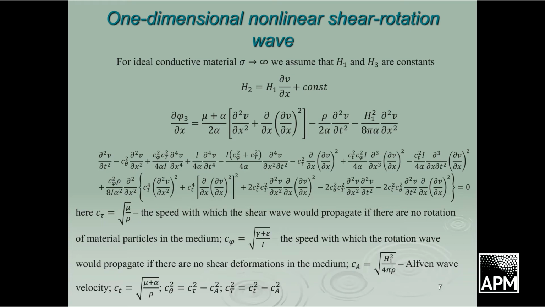And C with index phi is the speed with which the rotation wave would propagate in the absence of shear deformation in the medium. C with index A is the so-called Alfvén wave velocity, which is proportional to the intensity of the external magnetic field. And the rest of the coefficients have the following relations.